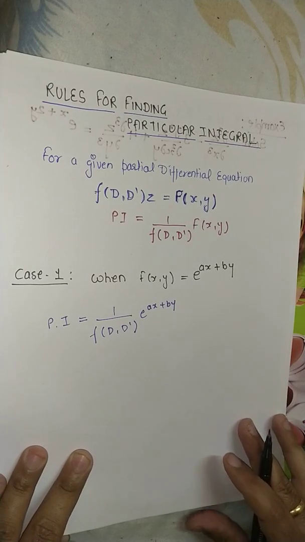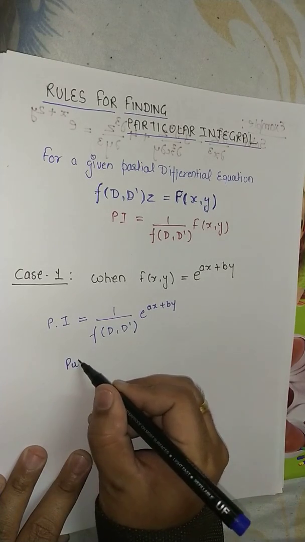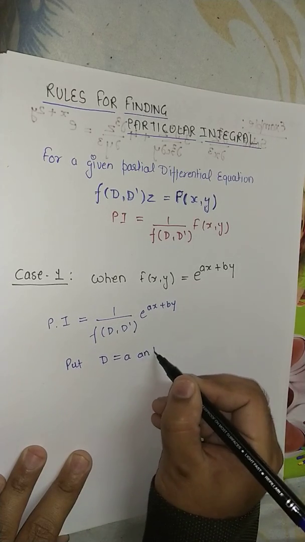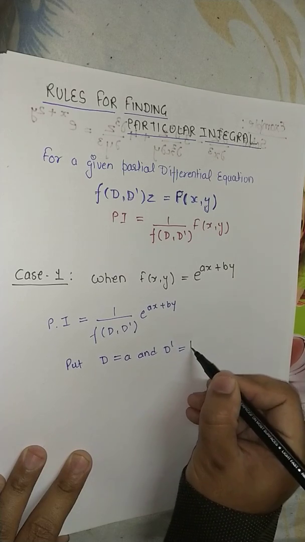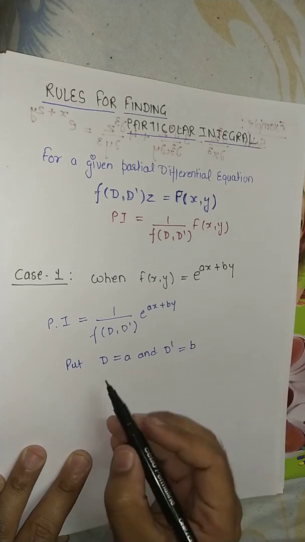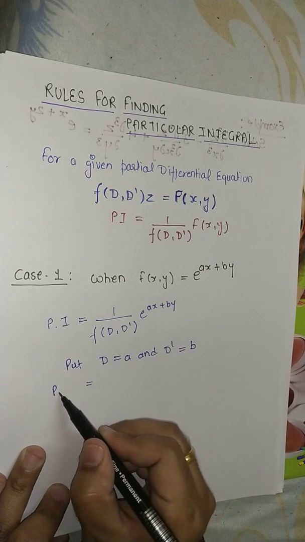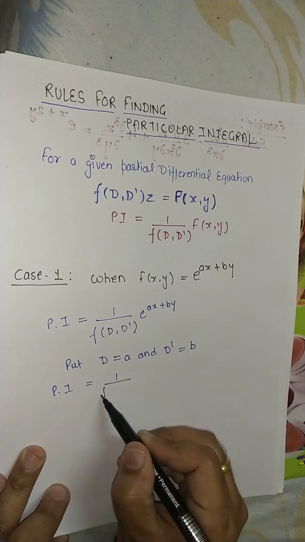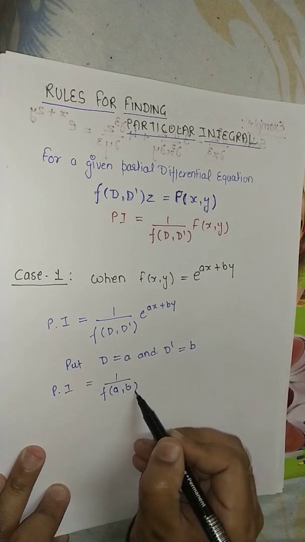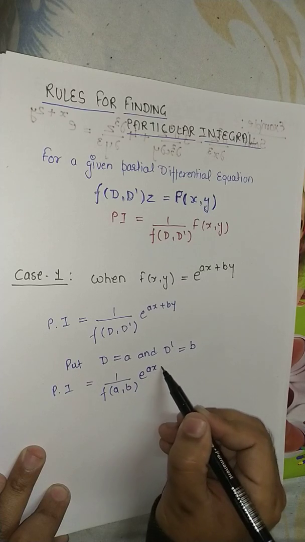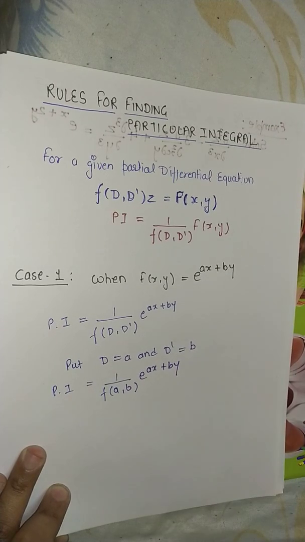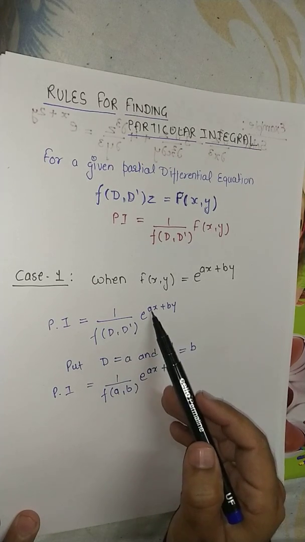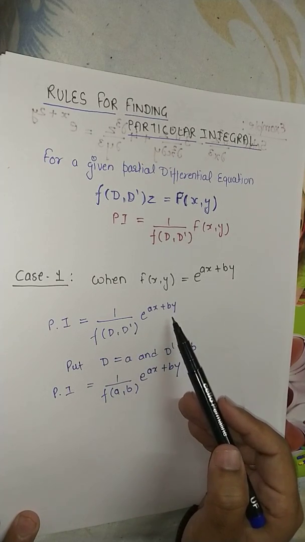In this expression, we put D as a and D dash as b. So the particular integral becomes 1 upon f(a, b) e to the power ax plus by. So it's simple. We need to replace D by a and D dash by b.